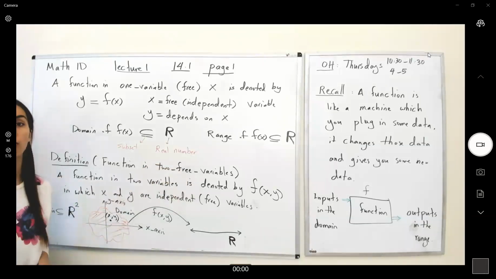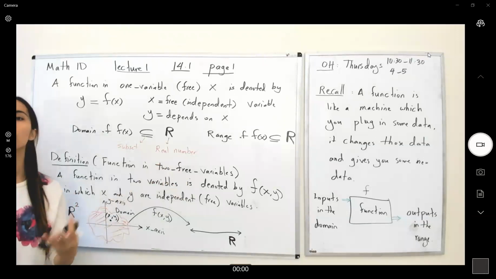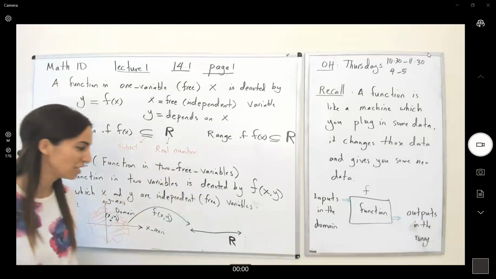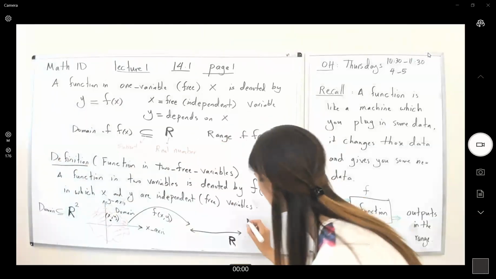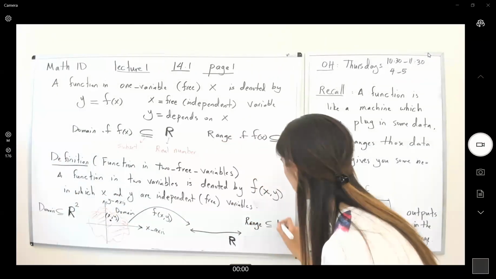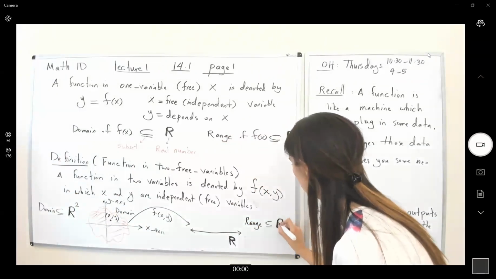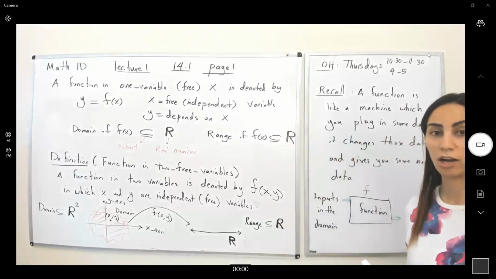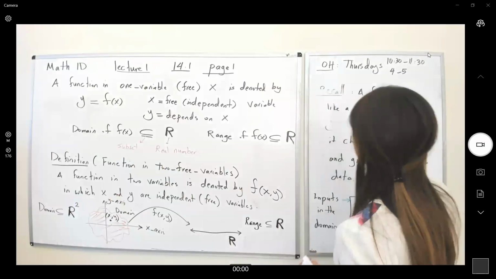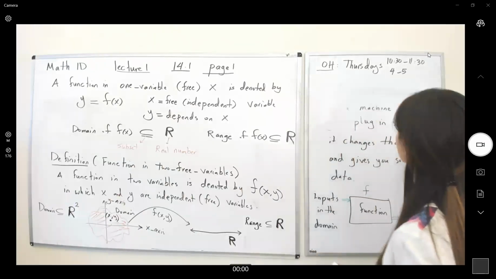I'm going to explain what is R to the power 2. R to the power of 2 is just plane. X, Y, plane. And the range is a subset of R, real line. So let me just write down what R squared is.